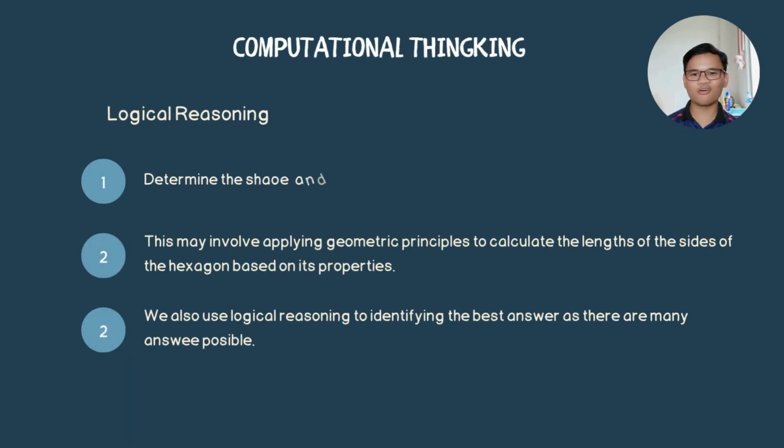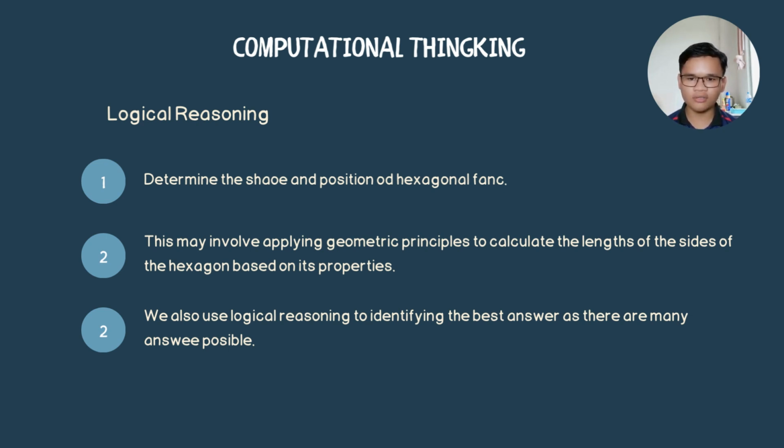Now let's look at the computational thinking for this question. Okay, the CT skill that we can see is logical reasoning. We use logical reasoning to determine the best position of the hexagonal fence because it could be built horizontally or vertically, or maybe other positions are possible.